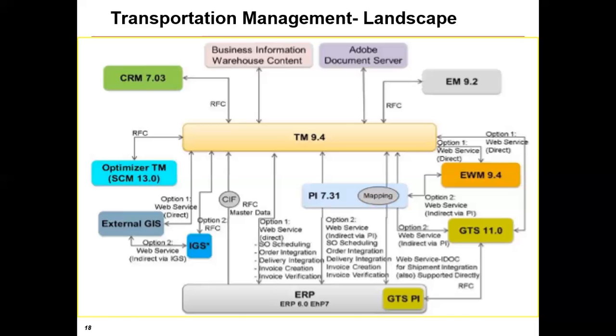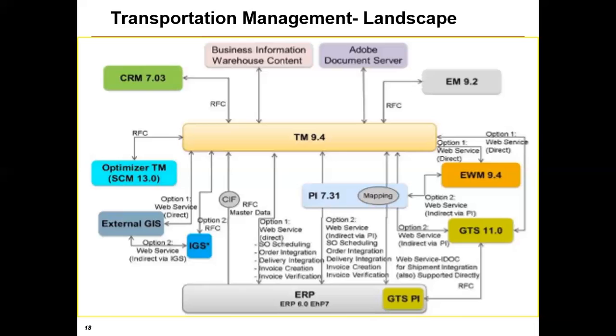And next, EM stands for event management. So event management is used to track and trace the change of the documents in terms of the events. Any events involving change of any document like freight order or forwarding order or any order, maybe inbound or outbound, or any deliveries.